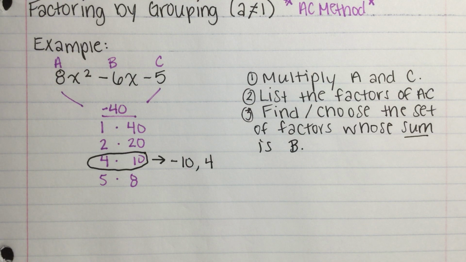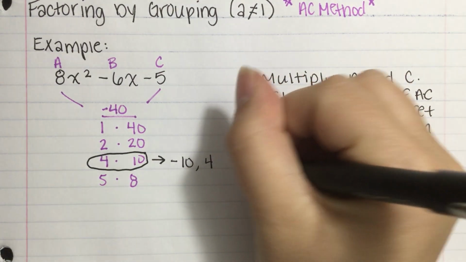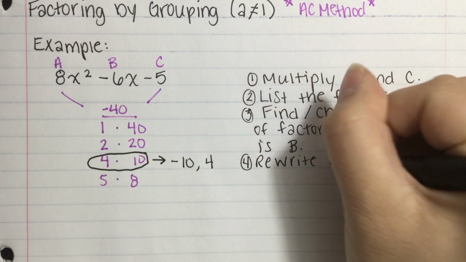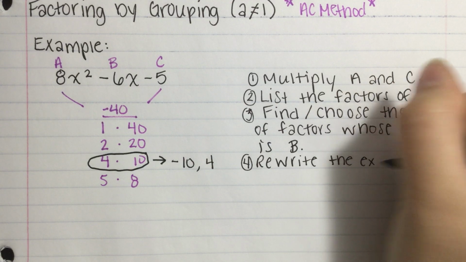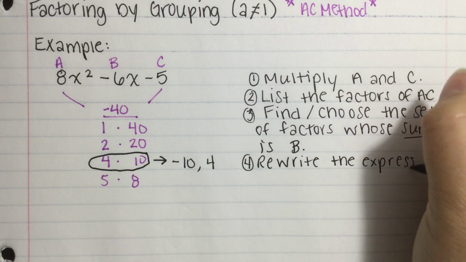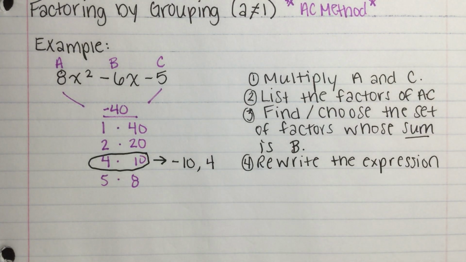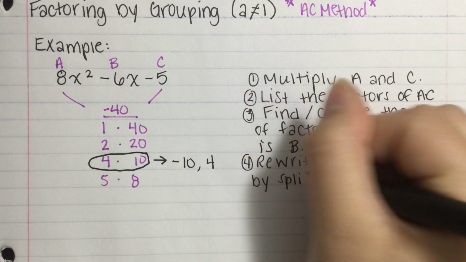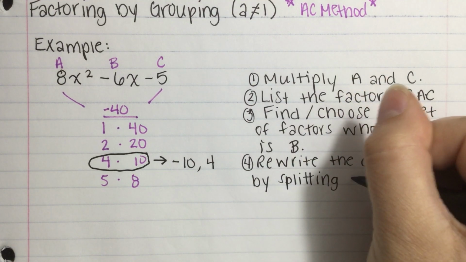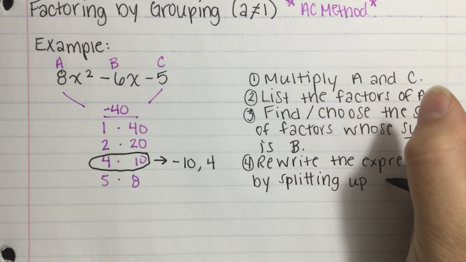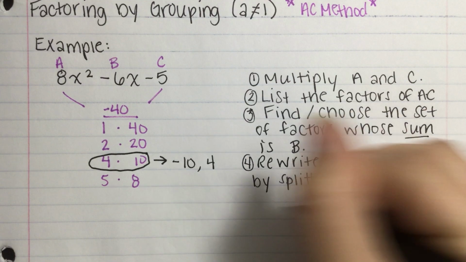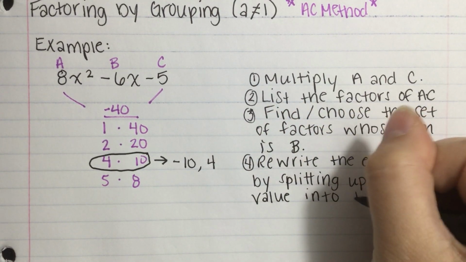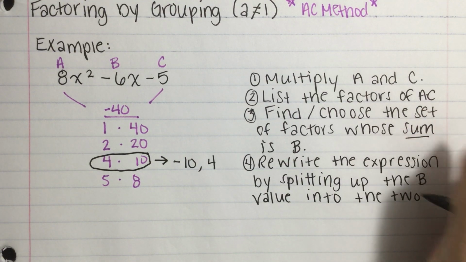So what we're going to do is we're actually going to rewrite the expression by splitting up the B value into the two factors.